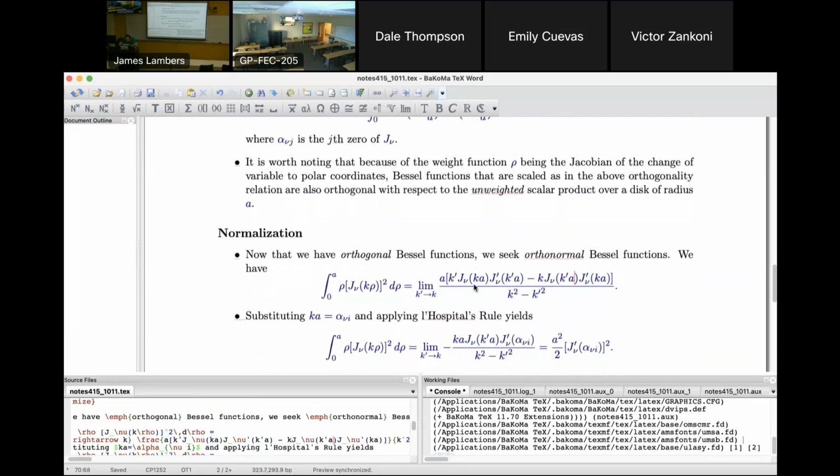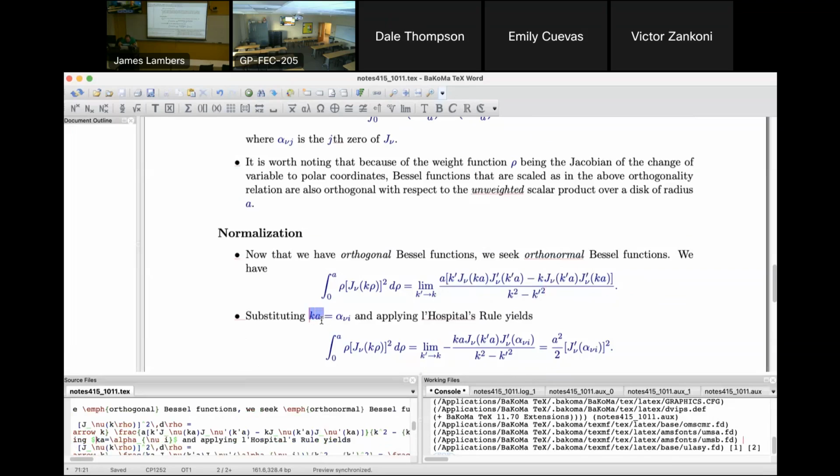So what happens when we take the derivative of this expression, top and bottom separately, with respect to k prime? But we also have to keep in mind that k times a is equal to a 0 of a Bessel function.